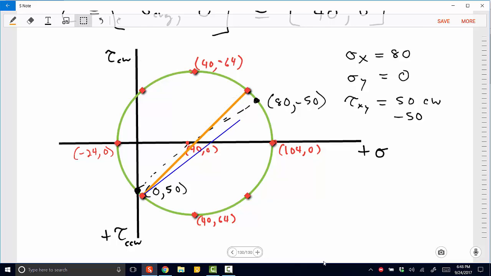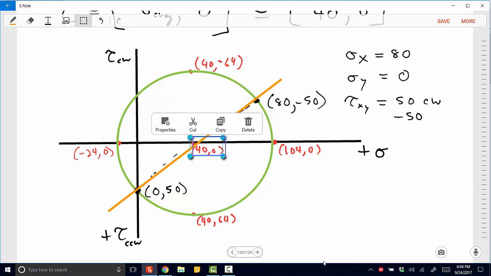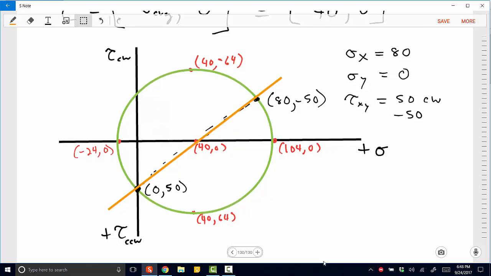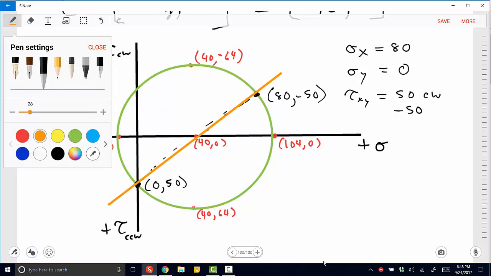Let me just draw it a little bit longer than it needs to be. And of course, I'm not a perfect artist here, so let's just move this over a little bit. There we go. So now we have the line that represents the original axes through this Mohr circle.